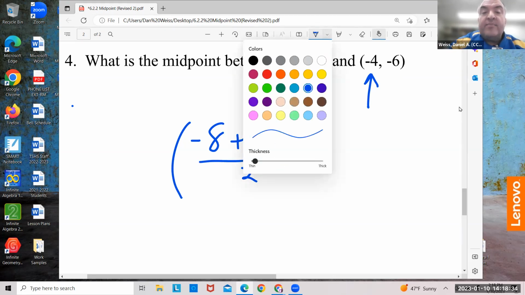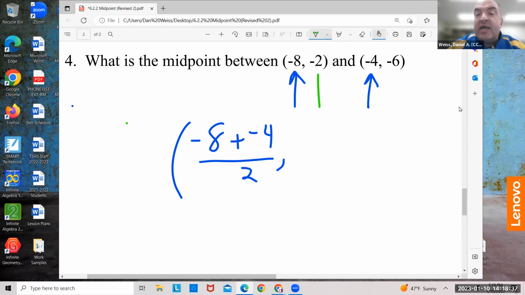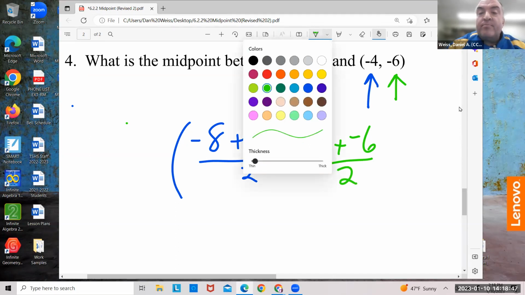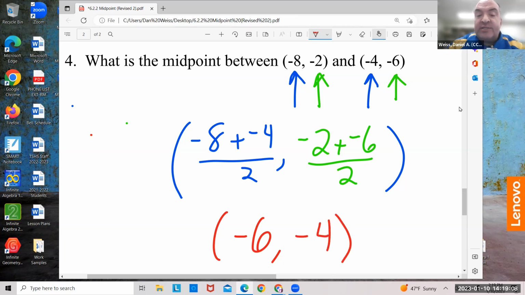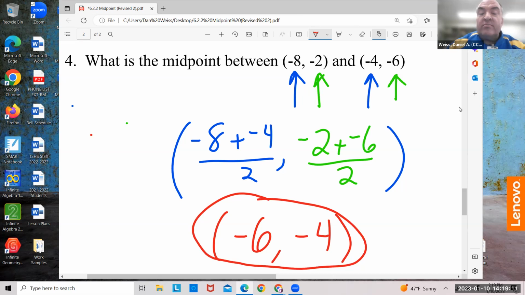Then I'm going to take -2 plus -6 divided by 2. Okay. What's -8 and -4? That's -12. -12 divided by 2 is -6. What's -2 and -6? That's -8. What's -8 divided by 2? -4. There's your answer. That's all you do.